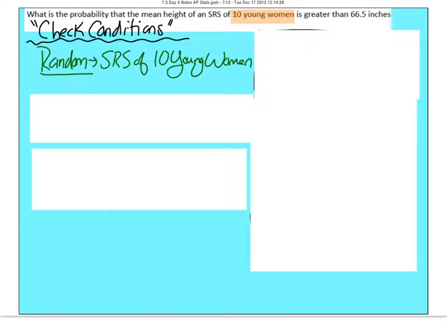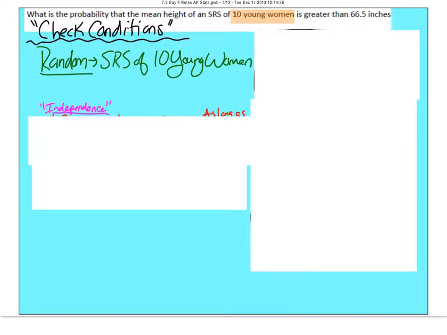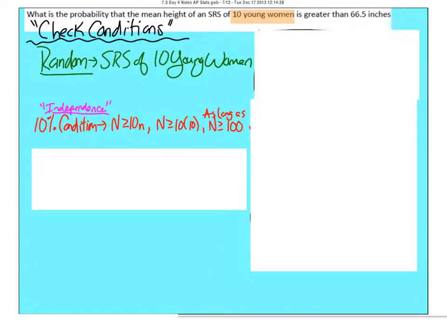They told us they took an SRS of 10 young women. SRS means simple random sample. We're good. Let's check the 10% condition. So for independence, the 10% condition is: is our population greater than or equal to 10 times the sample size? All I'm going to say here, as long as our population is greater than 100, we're good.